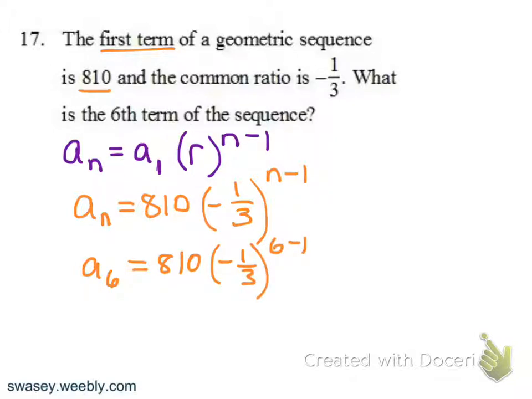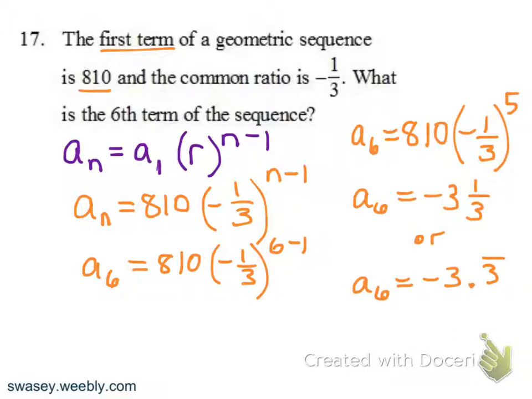Six minus 1 gives us 5 for our exponent. And then we'll type all this into our calculator. So you should be getting either negative 3 1/3 or negative 3.3 repeating. Either one would be acceptable here.